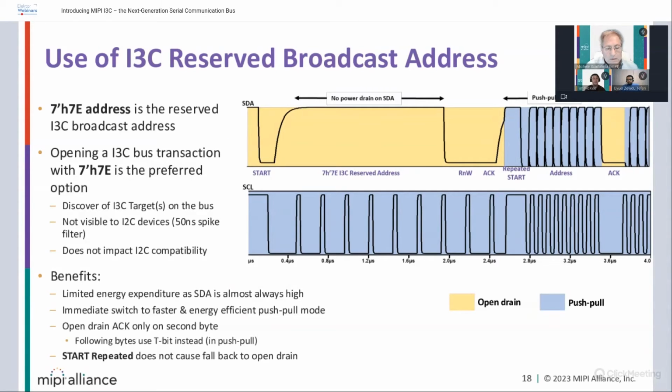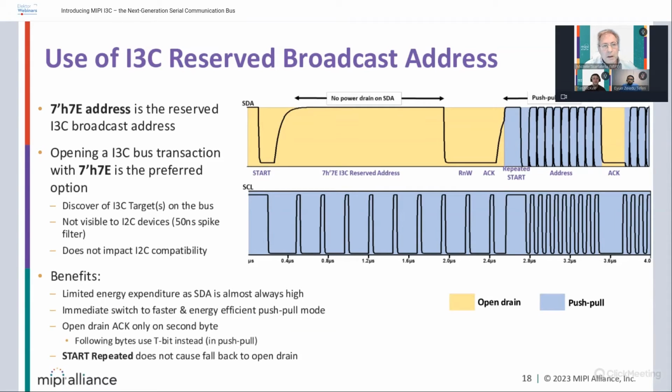You may also notice that the clock on the first part not only is slower, but it's kind of spiky. This is on purpose, it's not just casual. There is a feature of I2C, in the old days, I2C, let's remember that it started 40 years ago. At that time, there was not really a specification, but a recommendation that has become a de facto spec that I2C devices should ignore any pulse that is less than 50 nanoseconds.